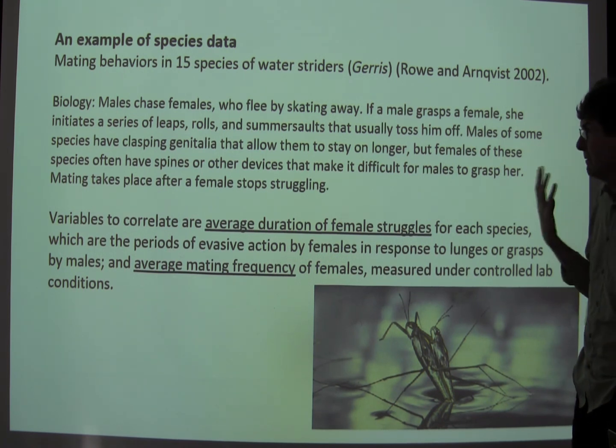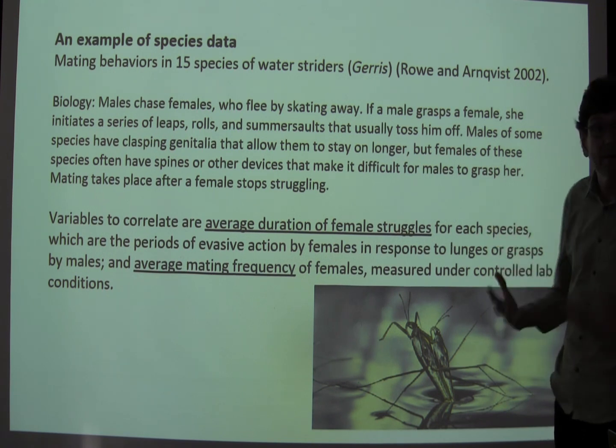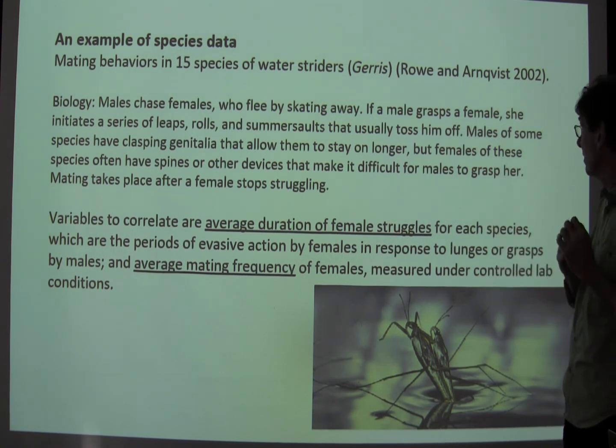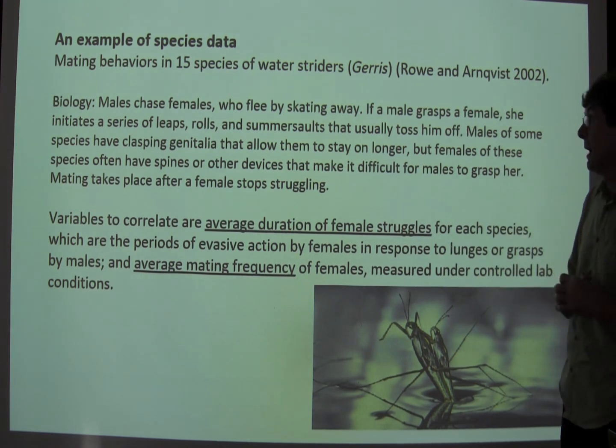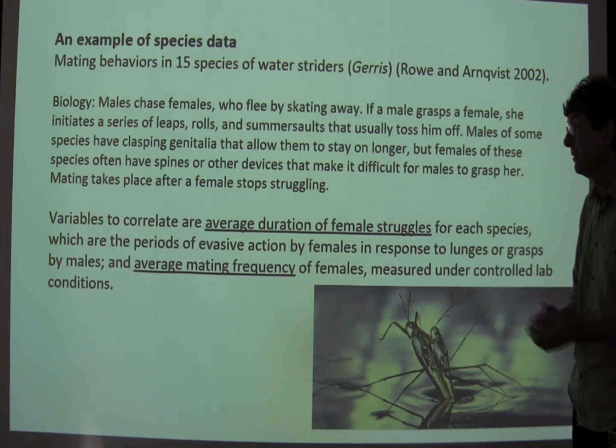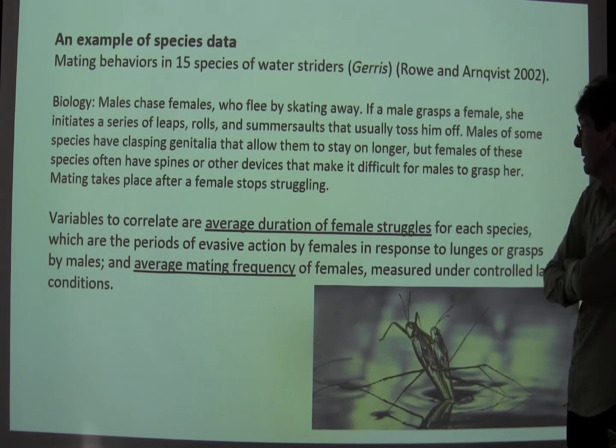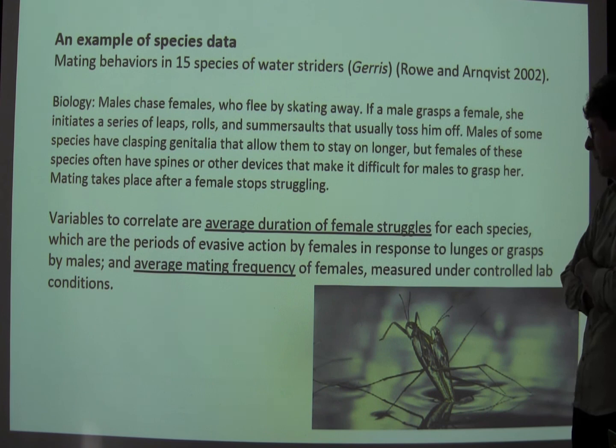Males of some species have evolved clasping genitalia that allow them, with the result that they stay on longer, but females of these species often have counter spines or devices that make it difficult for those devices to clasp and so on. And then mating takes place if the female stops struggling before the male is tossed.